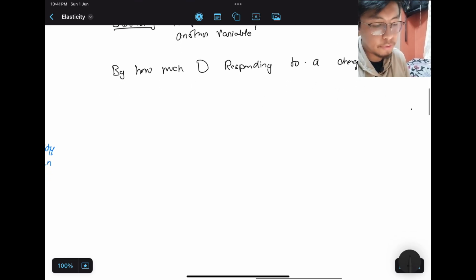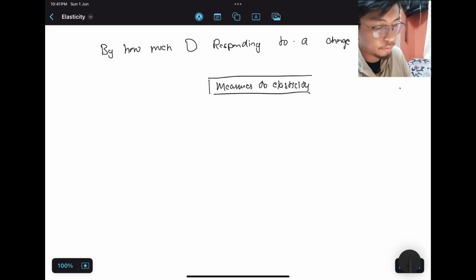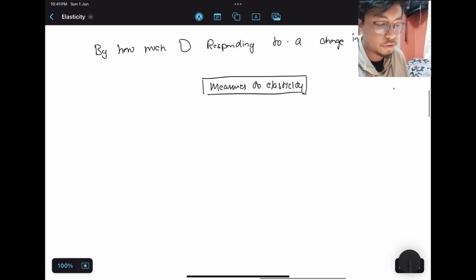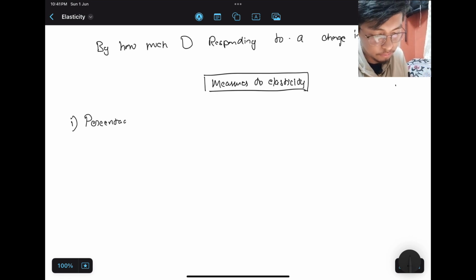Now there are different measures of elasticity. The most famous one, at least what your book uses, is the first one, the percentage method.